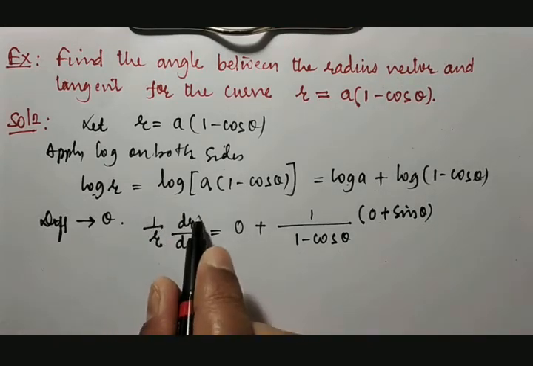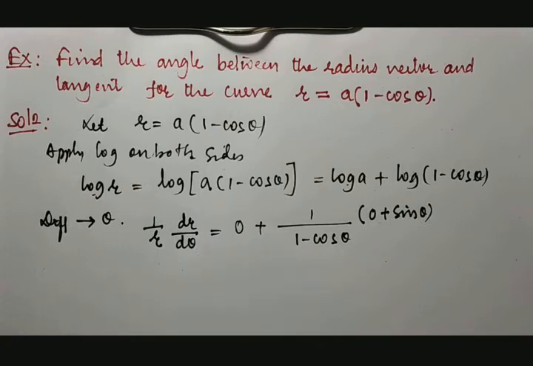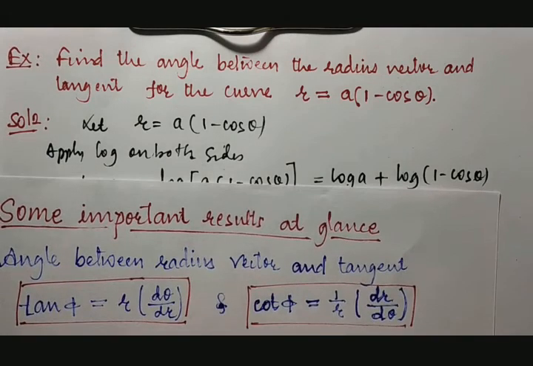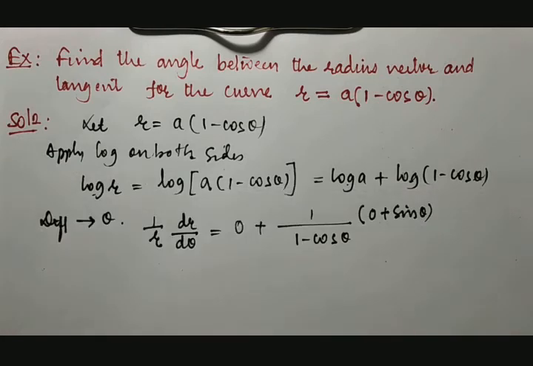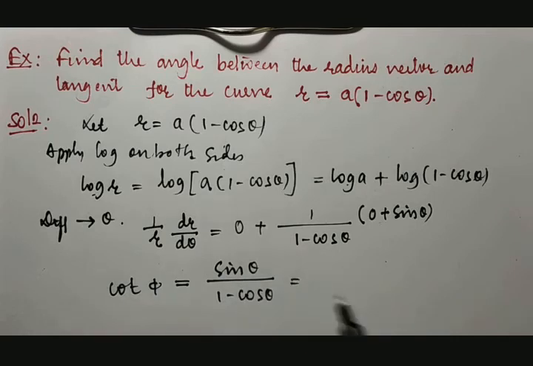1 by r into dr by d theta. As per our previous discussion of the formulas, 1 by r into dr by d theta is nothing but cot phi. Therefore, this part will be taken as cot phi. Cot phi is equal to sin theta divided by 1 minus cos theta.